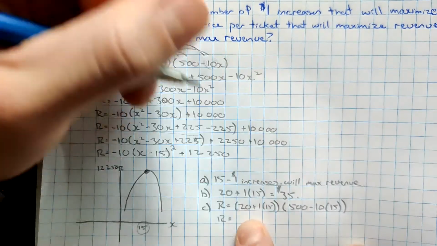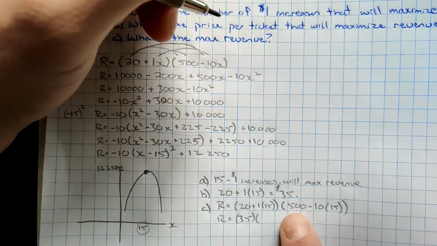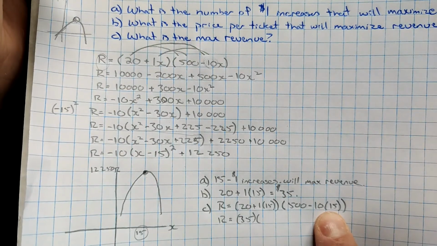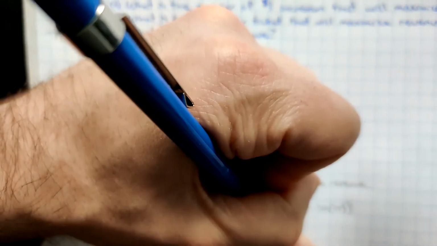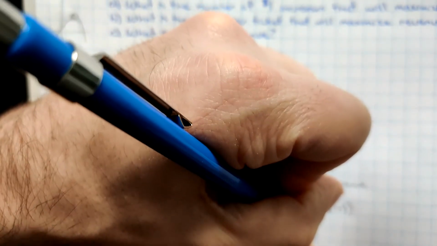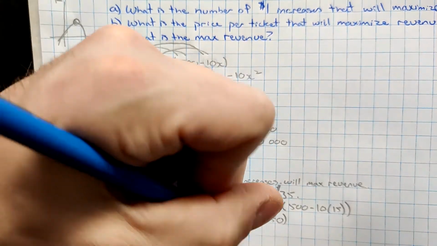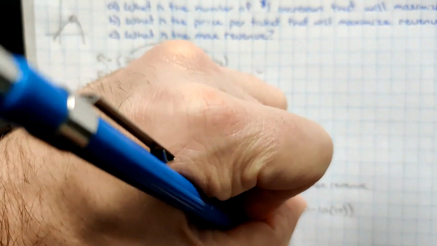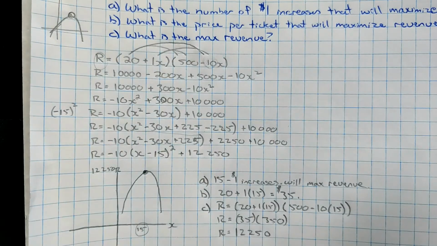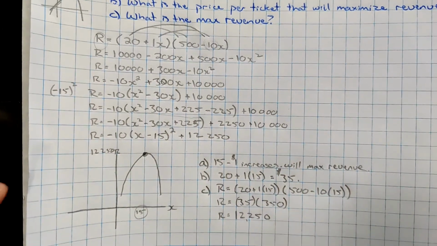If we simplify that, that was 35, and 10 times 15 is 150. 500 minus 150 is going to give us 350. And then when we multiply those out, we get 12,250.